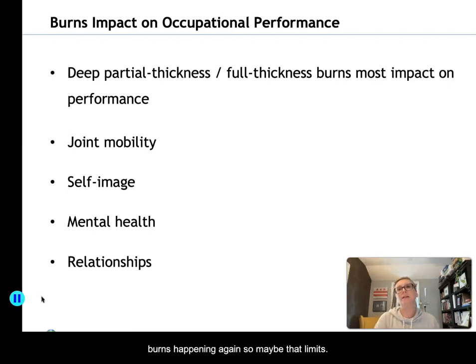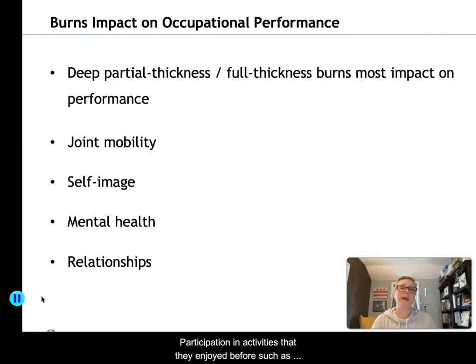So maybe that limits participation in activities that they enjoyed before, such as cooking. Maybe they have a gas stove at home, and because of the PTSD or their anxiety or overall fear, now they're fearful of going and cooking at the gas stove, and now they're not able to participate in that meaningful occupation.